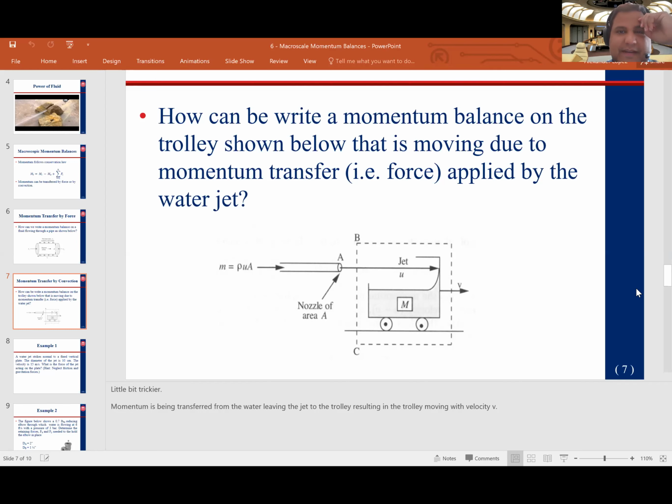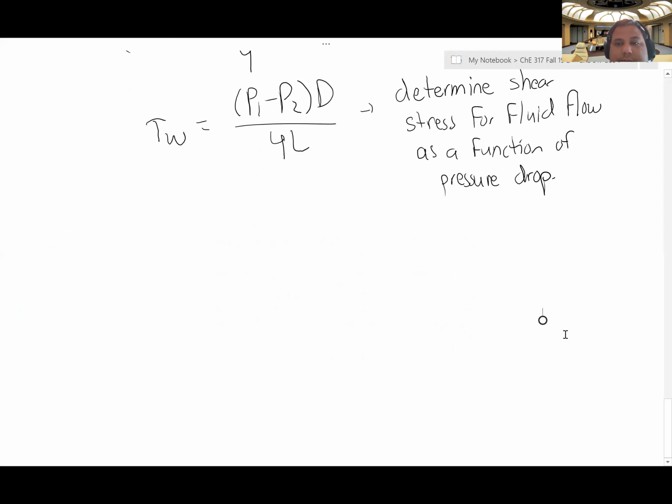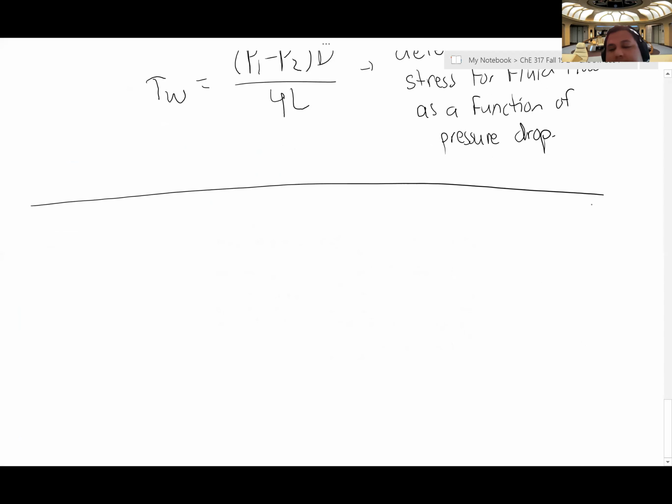So the question then becomes, can we write a momentum balance on the trolley shown, which is moving due to a momentum transfer applied by the water jet? If I was going to draw this system, I would have it look like this.